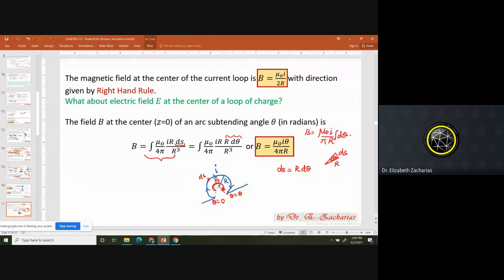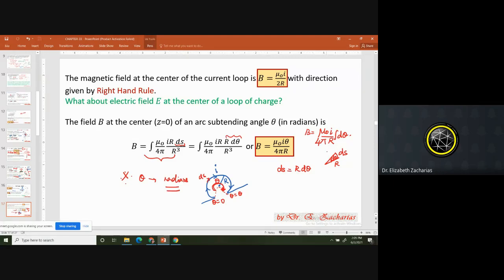Okay, so you get mu naught I theta divided by 4 pi r. But the most important thing that you should remember here is that theta is in radians. Don't take theta in degrees, theta is in radians.